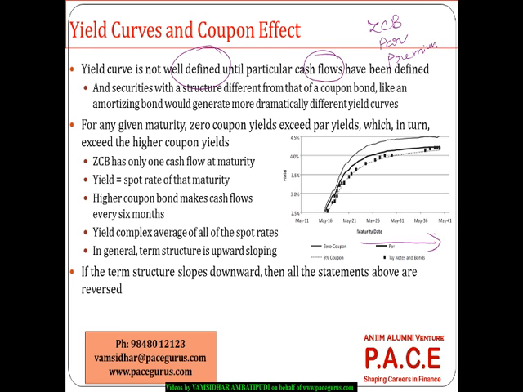Depending on the kind of bond, the yield curve will get defined based on how we interpret the cash flows associated with that bond. And for securities which don't behave like a coupon bond, like your amortizing bond, where there is a principal repayment in it, not just the interest payment, the yield curve will be even more different.